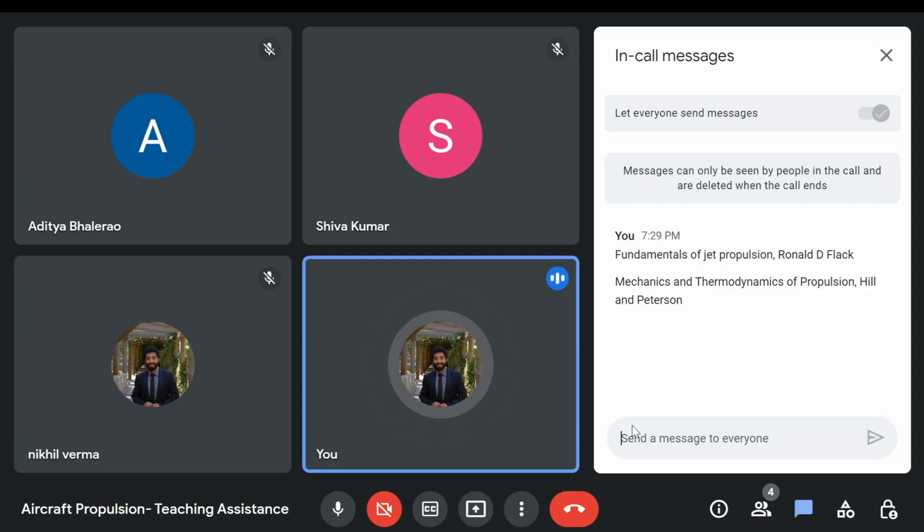The last one, the book name probably is Elements of Propulsion, I guess.